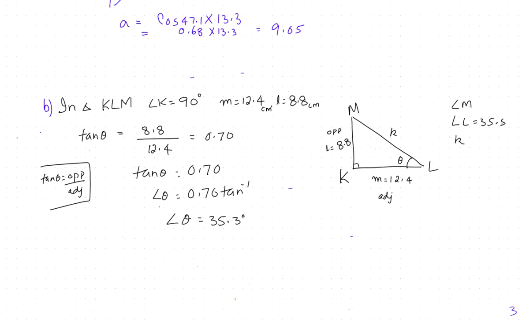So the angle K is 90 and this is 35.3. So angle M will be 90 minus 35.3, it comes to 54.7. So angle M we got 54.7 degrees.